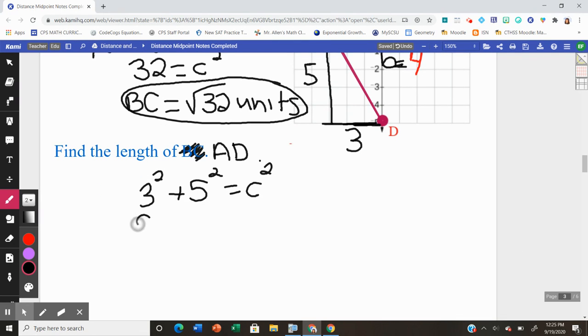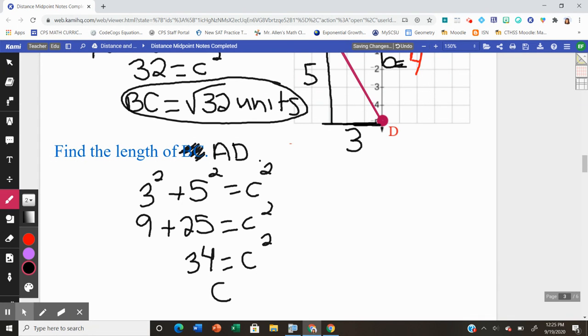So 3 squared is 9. 5 squared is 25. Add them together for 34. And then the last piece, in order to solve for c, is to take the square root of both sides. And therefore, we can say that AD is equal to the square root of 34 units.